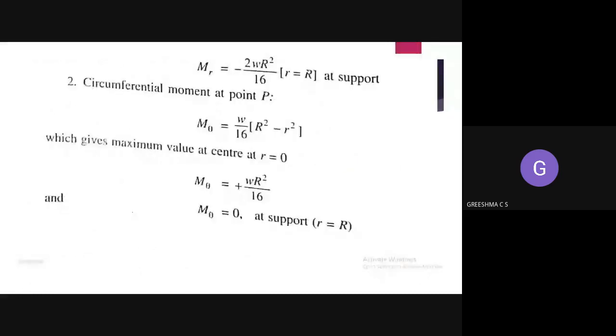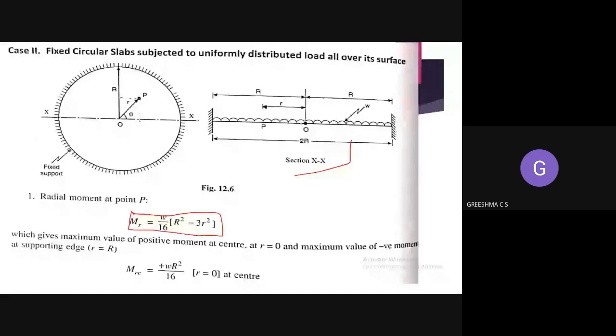Similarly, here also the maximum moment will occur at the center. Here you have positive moment and negative moment; neglecting that, the maximum moment occurs at the center where r is equal to 0.